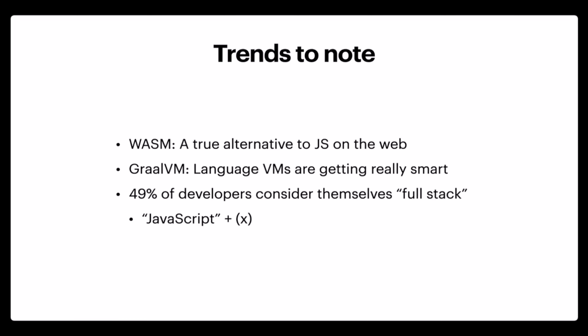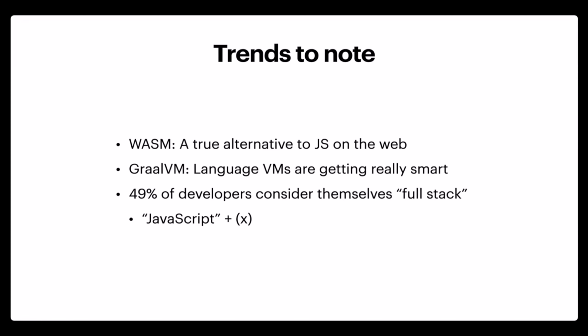GraalVM, language VMs are getting much smarter. They're speaking multiple languages. They're able to compile natively. And this is happening at the same time as developers are sort of choosing that full stack is the way to go, that they're going to keep a full stack suite of skills, that they'll use multiple languages in their application when needed.